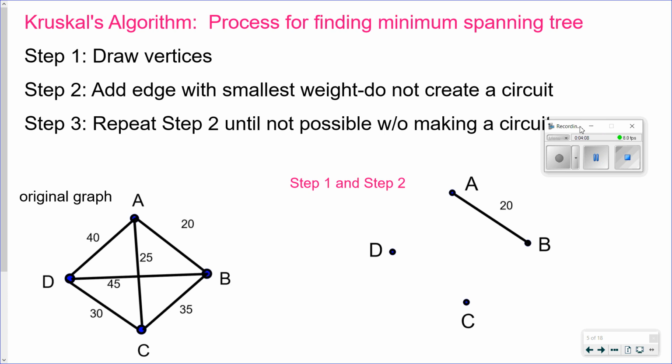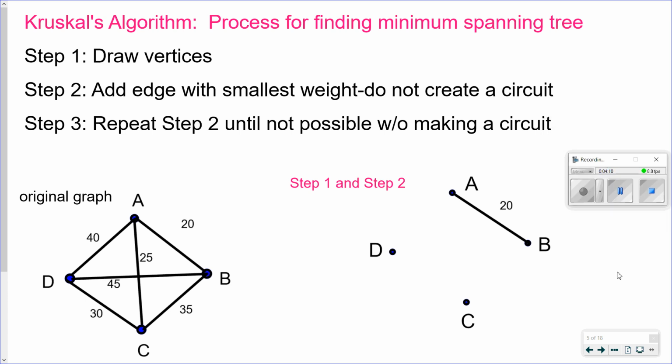Instead of trying to figure out all the spanning trees and find the minimum one, you can follow these steps, which is referred to as Kruskal's algorithm. It's a process for finding a minimum spanning tree. And we had this in a previous day's notes, which I'm going to link the old videos to this week's Google Doc also. So step 1 is just to draw the vertices.